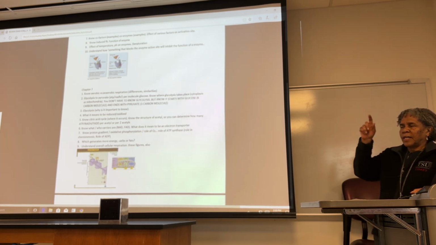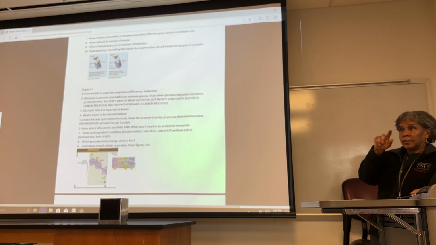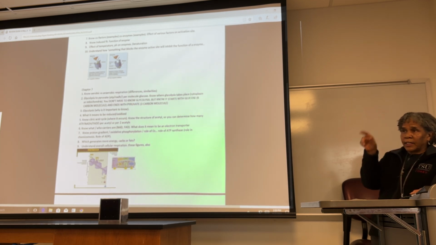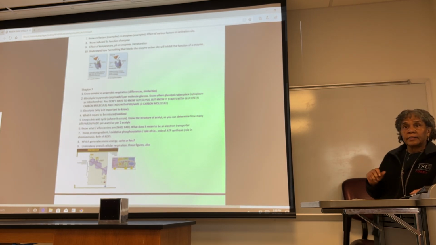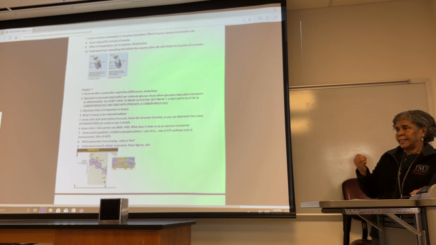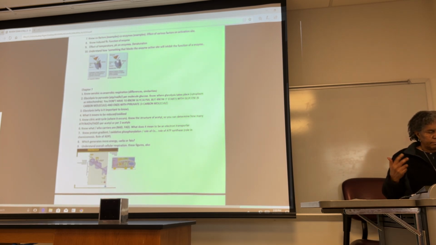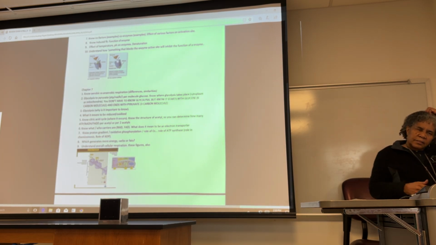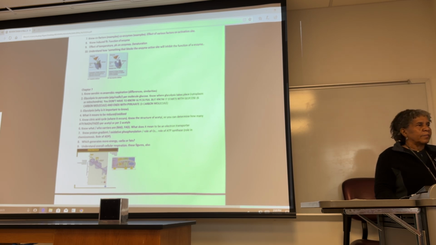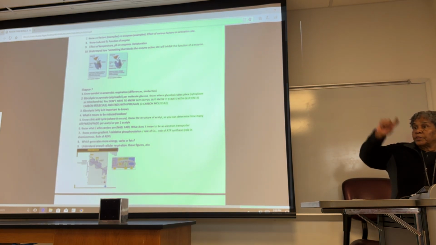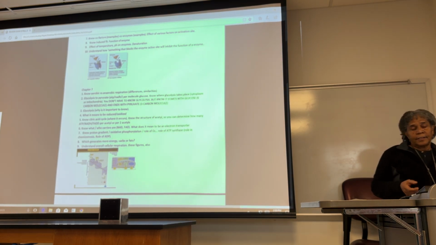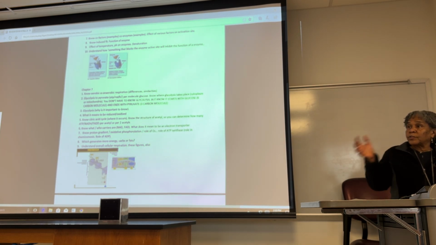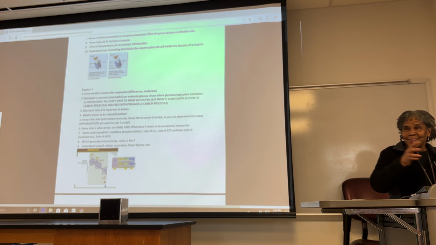There were 4% of these other mostly divalent ions: magnesium, zinc, those are the major ones. And they were in that 4% category. I know you don't remember, but I told you when we get to proteins, I'm going to bring those up again.